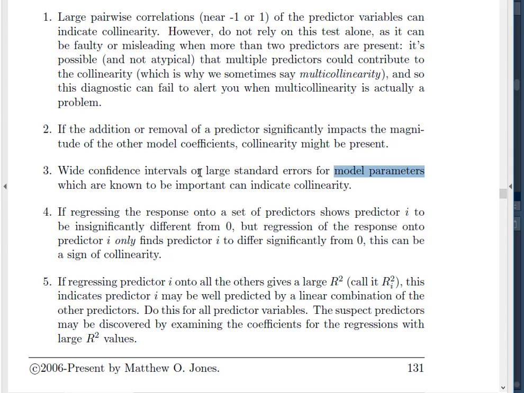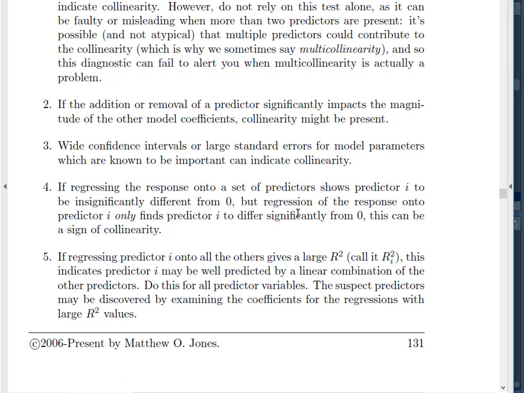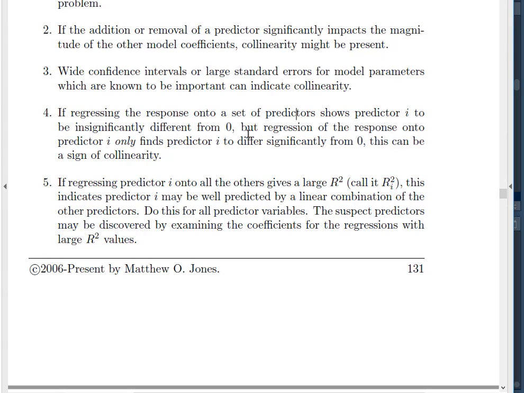Well, for those predictor variables, if you're getting wide confidence intervals or large standard errors for those corresponding model parameters, that could indicate collinearity. Number 4, if when you go to regress the response onto a set of predictors and it shows predictor I to be insignificantly different from 0, and by predictor I really mean what the model coefficient is, if the p-value is not small in your standard R output there.